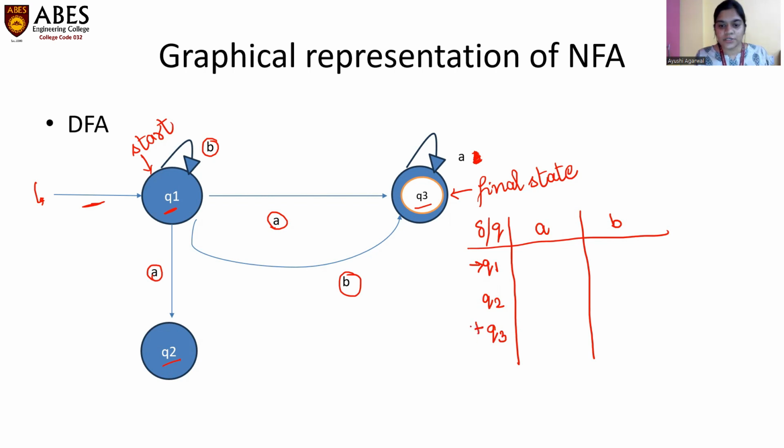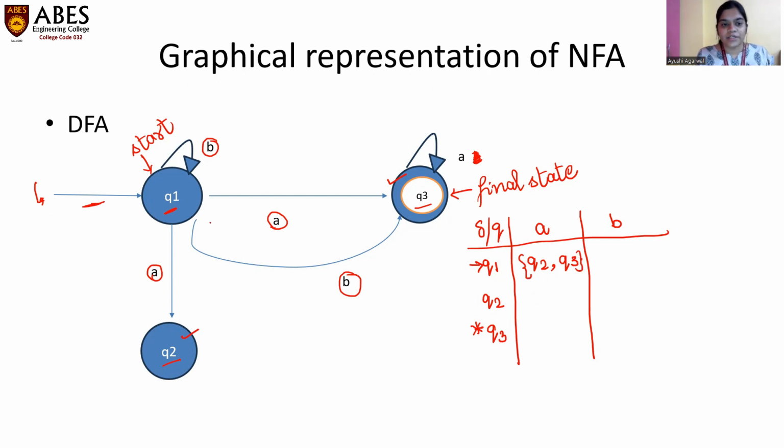Q3 is our final state, so we will put a star over here. Taking the first state, Q1, by reading A, it is going to two states. One is state Q2 and another is state Q3. So we will mention both the states together in the column below input A with state Q1.